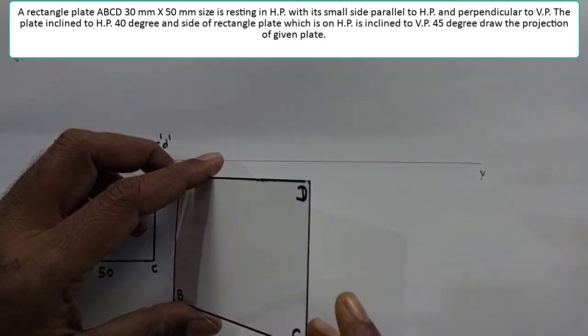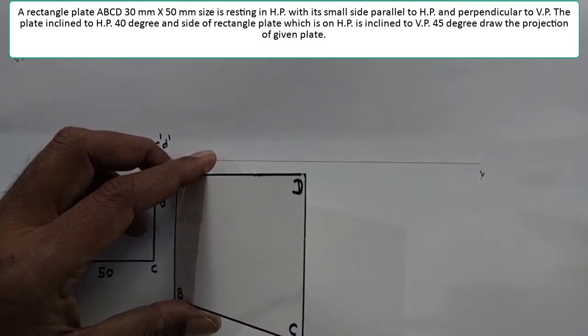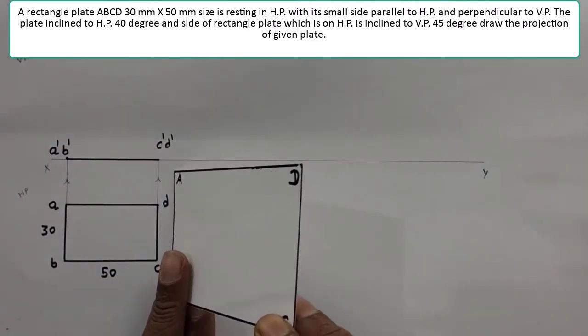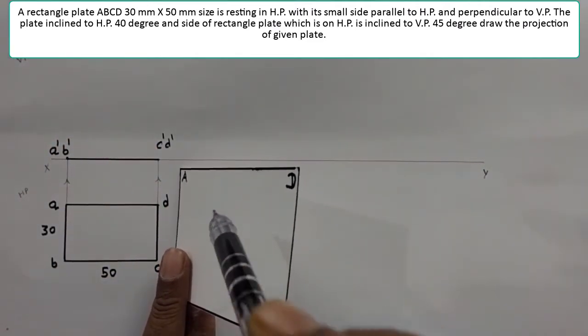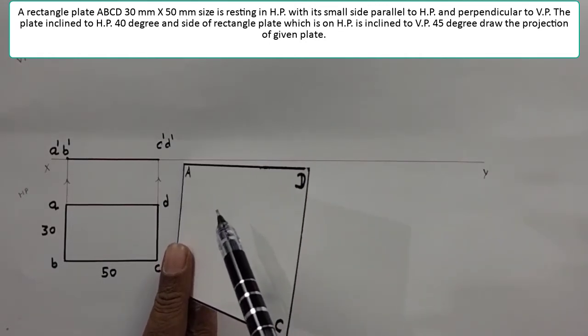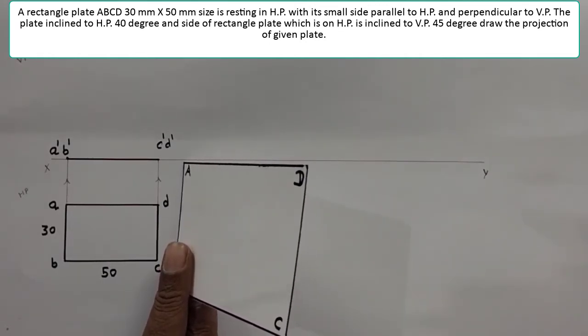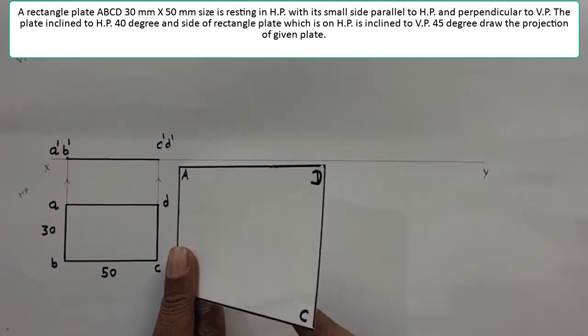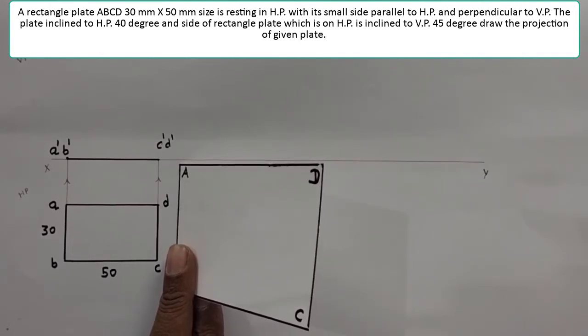So for that, what is my top view? The top view is a surface of the rectangle, but the elevation is inclined with the XY line.